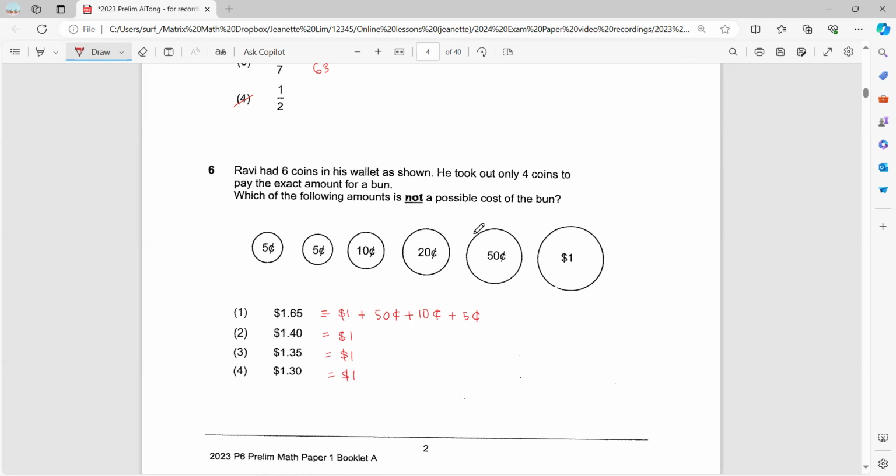And I can't take 50 cents for sure. So if I take 20, 5, and 5, that's 30 cents. So cannot. So it will be option 2, but let's look at option 3 plus 35 cents will be 20, 10, and 5.